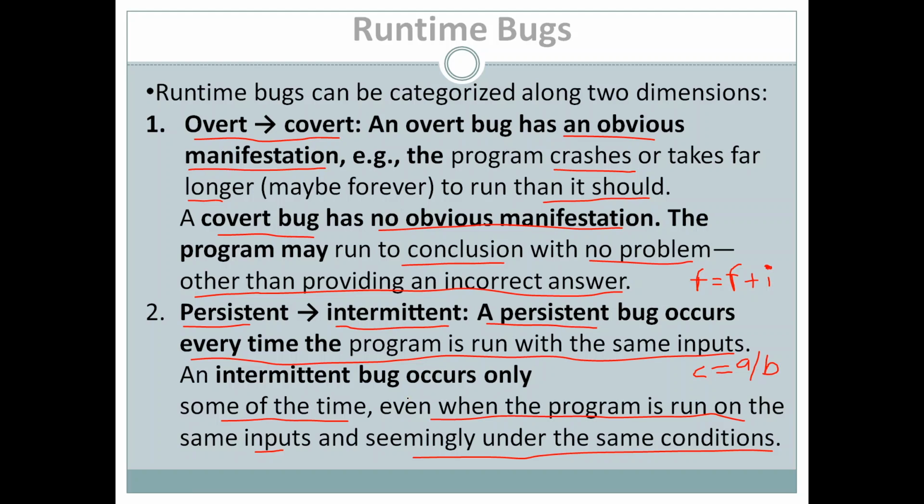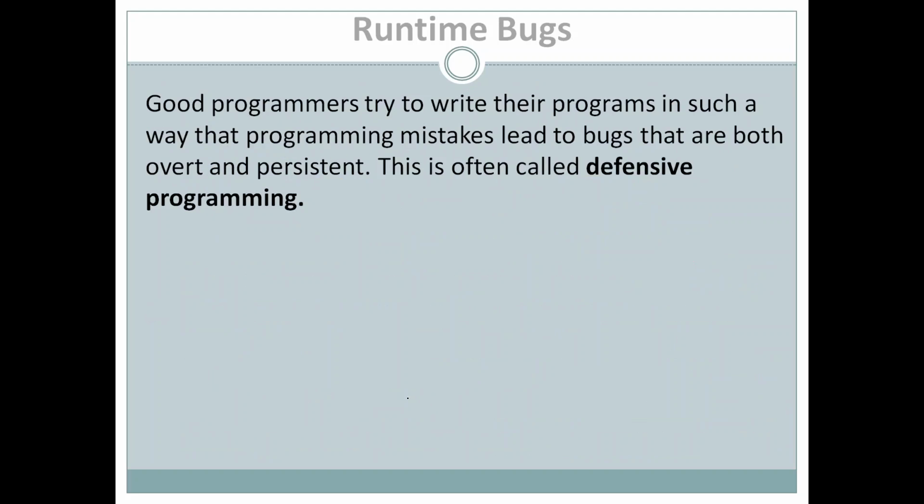Okay, these are two categories of runtime bugs. Good programmers always try to write their programs in such a way that programming mistakes lead to bugs that are both overt and persistent, not covert and intermittent bugs, because covert and intermittent bugs are very hard to detect and debug.